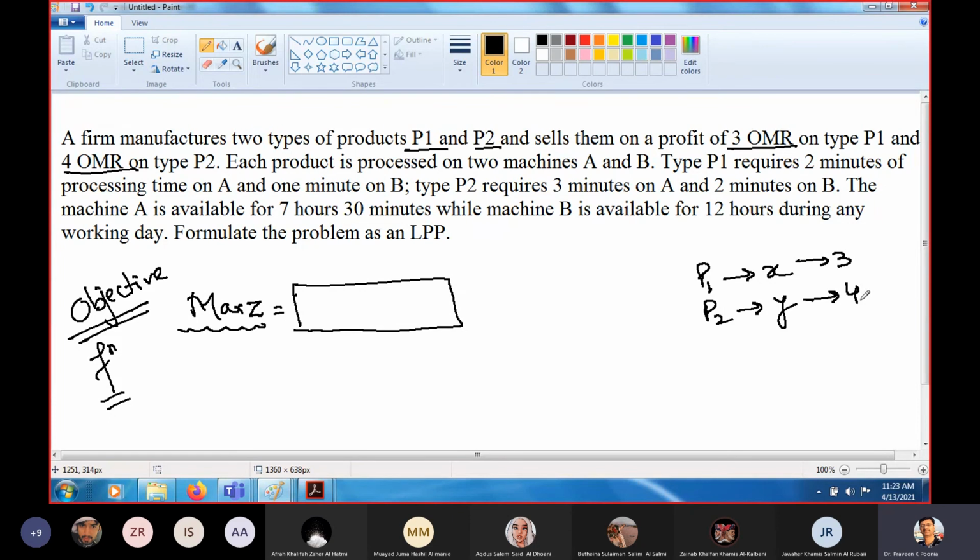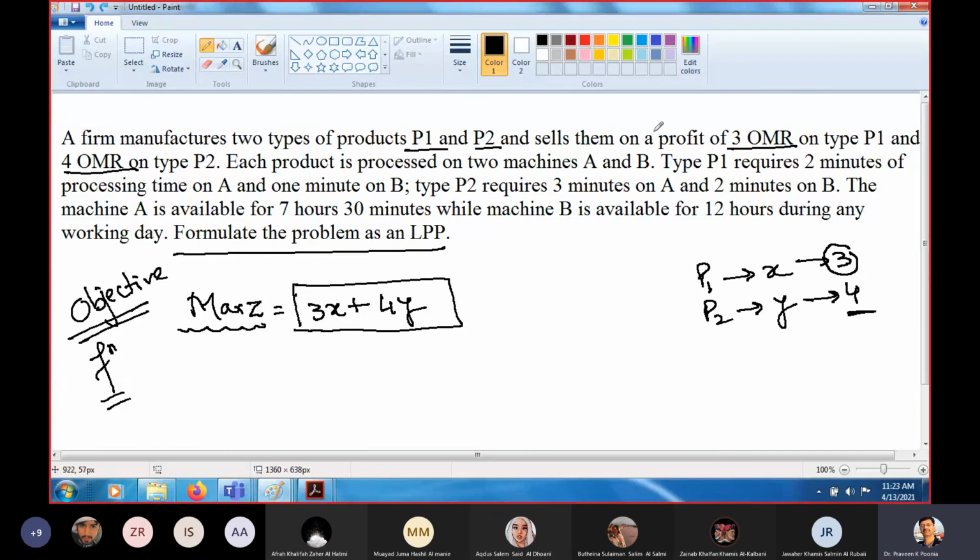That's all, class. Because we need to formulate the LPP to make the profit. So what is the profit on this? 3, so 3x. What is the profit on this? It is 4y. No need to write the rest of the question, because the rest of the question will tell you about the constraints.